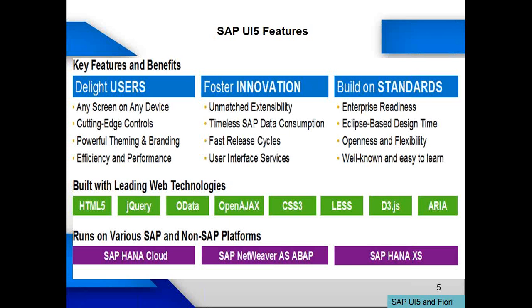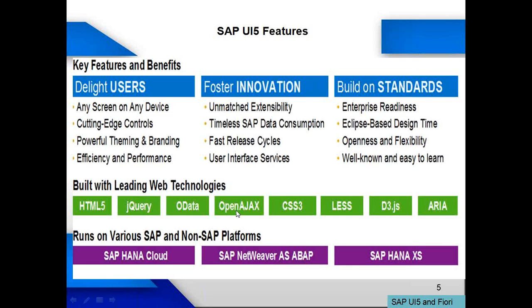So what are the things we need for SAP UI5? There are many languages, but primarily we need HTML5, CSS3, and jQuery. jQuery is a JavaScript-based library, some kind of advanced language. So we are going to use jQuery as a controlling library.